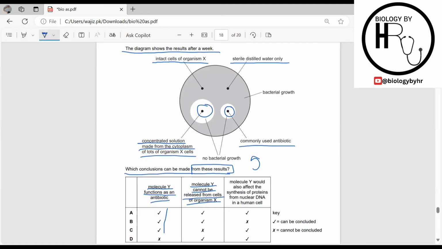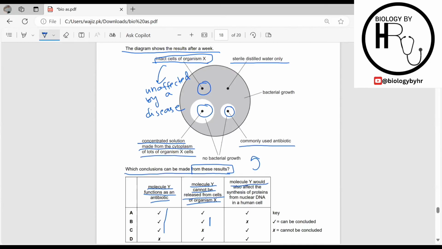Molecule Y cannot be released from the cells of organism X. Yes, this is being shown over here that this is the intact cell, and intact cells are those cells that are unaffected by a disease. So we know that molecule Y cannot be released from the cells of organism X. This is also a correct statement over here.